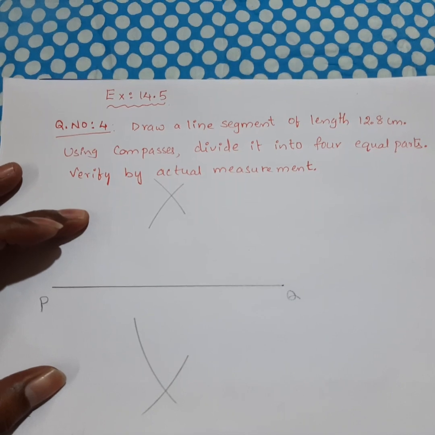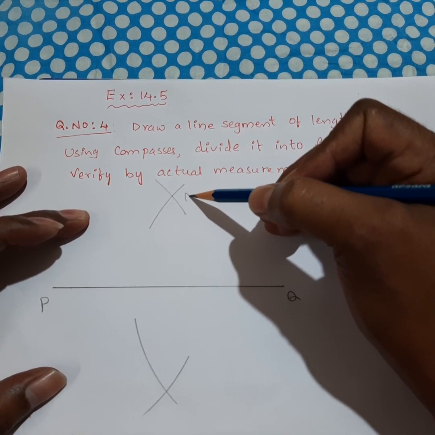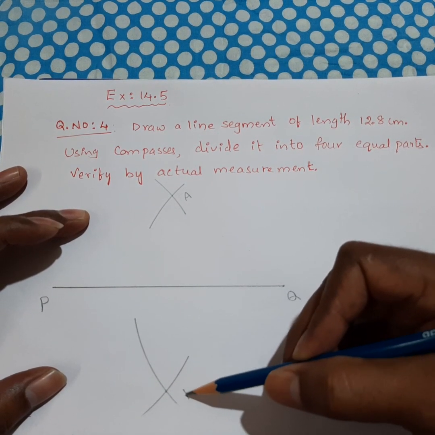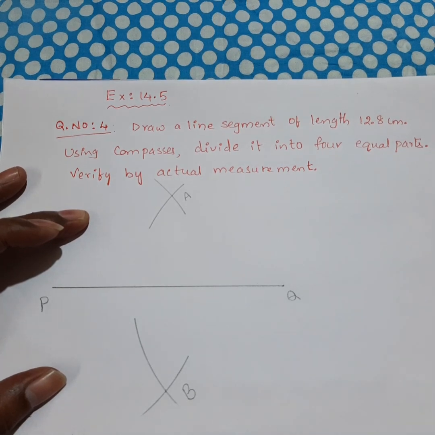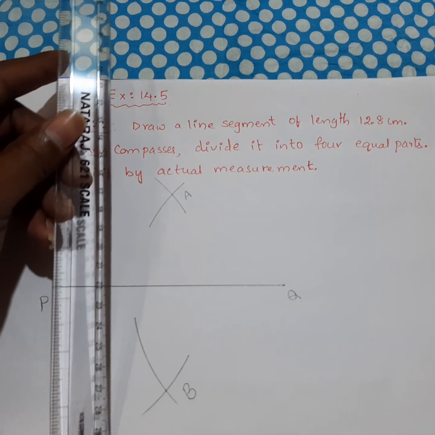This is A and this is B. Now join AB with the ruler.